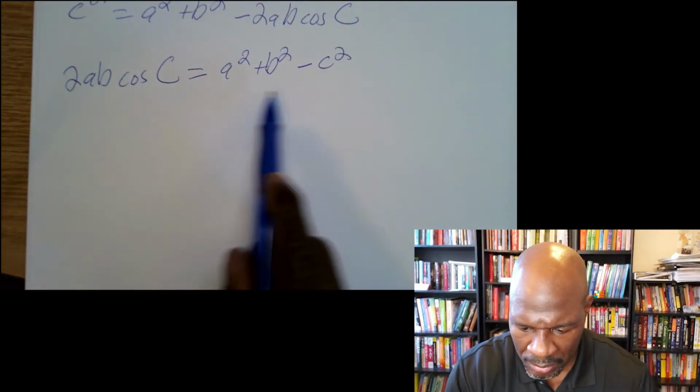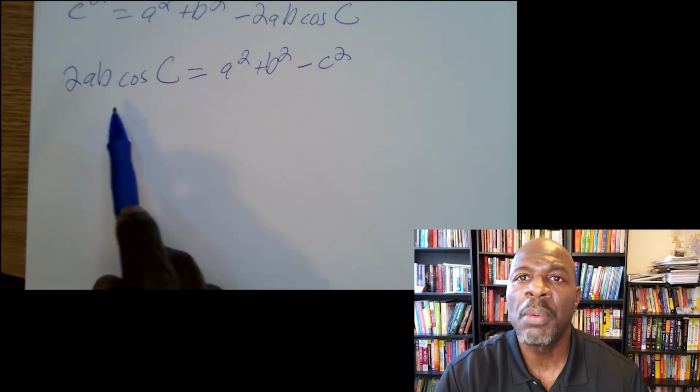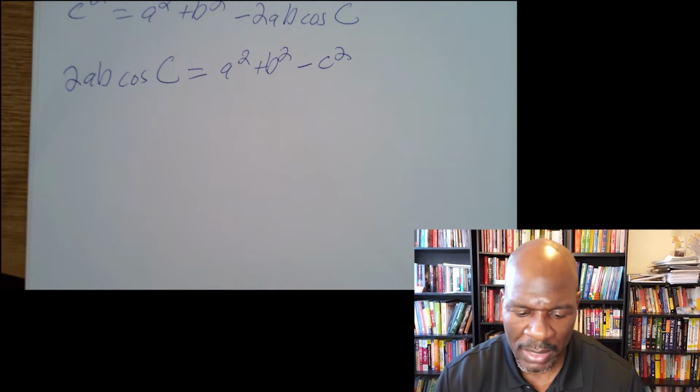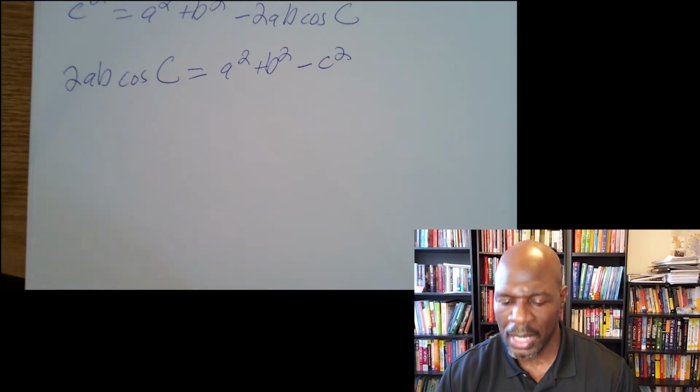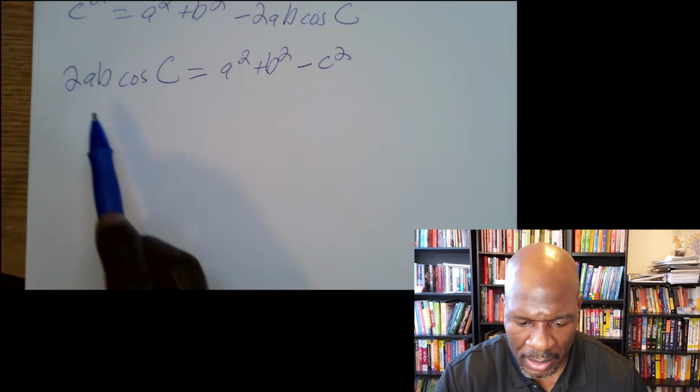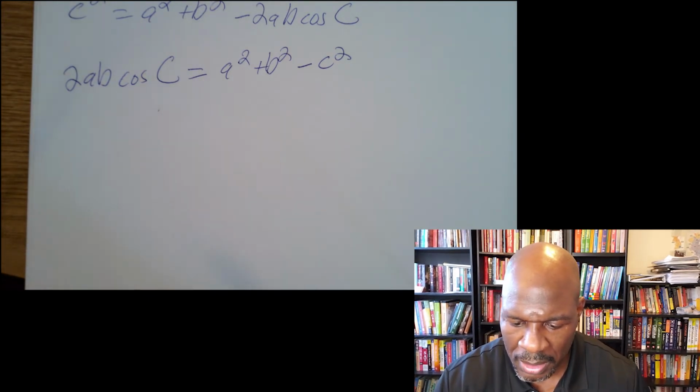So I can do this substitution and I will finally get rid of the angle. And I will have a formula that's based solely on the sides, not on any angles anymore. So let me go ahead and do that substitution. Again, the 2ab cosine c is going to become a squared plus b squared minus c squared.